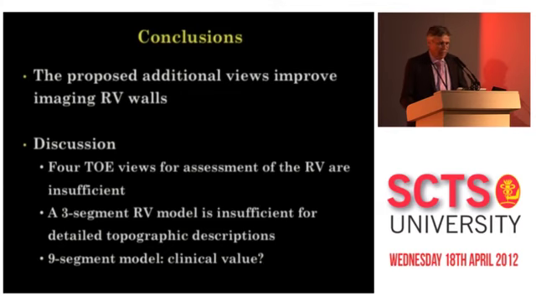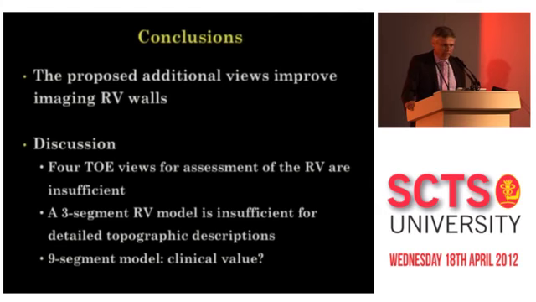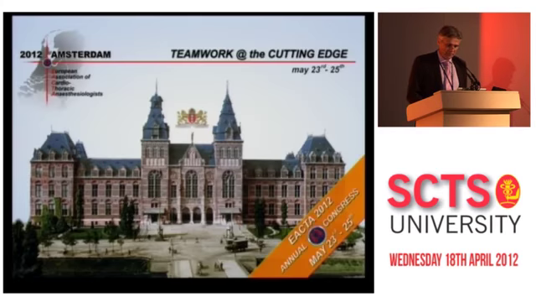We believe that 4 TOE views for assessment of the right ventricle are not sufficient, especially when you have situations when you cannot obtain one or the other view. Then additional views can be even more helpful. We also believe that a 3-segment model is insufficient for detailed topographic descriptions. However, whether a 9-segment model, as we have used for scientific purposes, is feasible in daily clinical practice, time will show. Thank you very much for your attention.